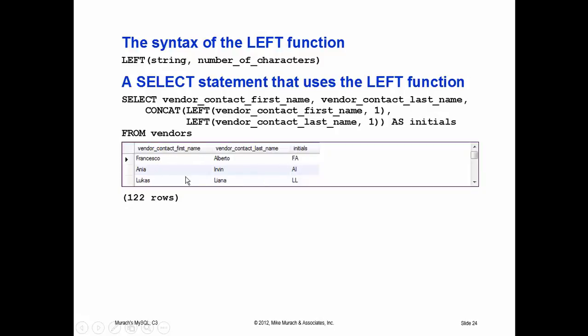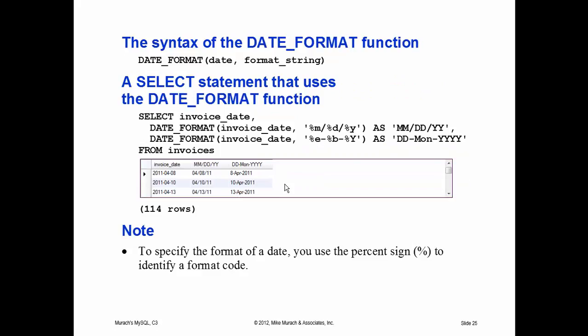So FA, AI, and LL. Again, some of the examples that are in here, by their very definition rather, are fairly contrived. They're not the ones you probably end up using a lot. But there are things that are important to just realize how they work.